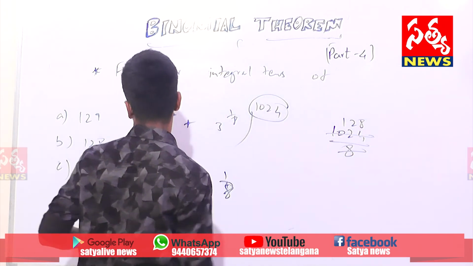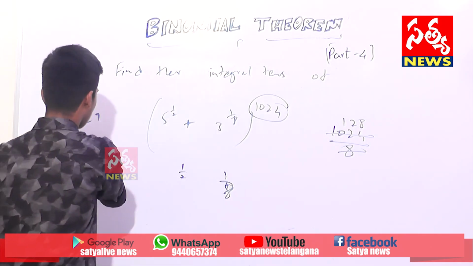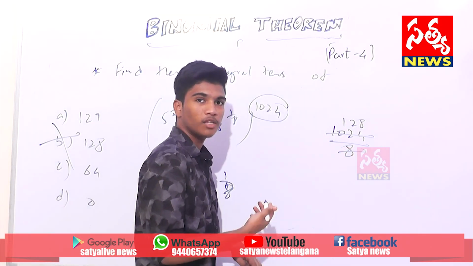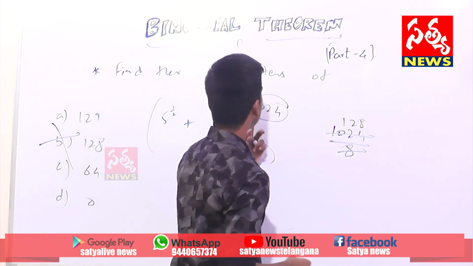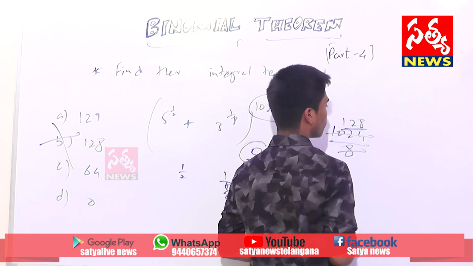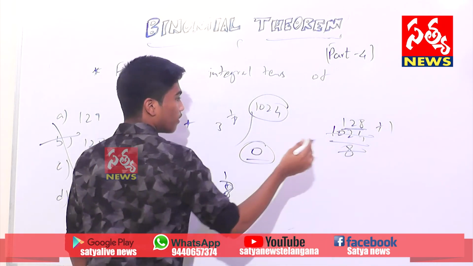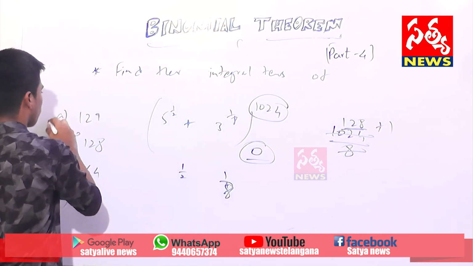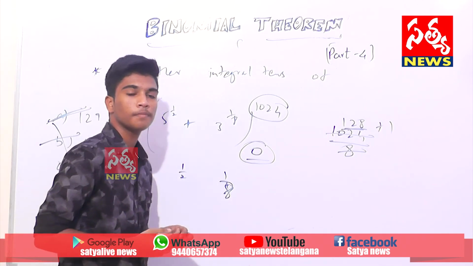In a hurry, we put the answer 128, which is B, but it is wrong. As we discussed in the previous problem, 0 is also an integral term or a rational term. So the number of integral terms is 128 plus 1, including the 0. 128 plus 1, which is 129, is our correct answer. Be careful while doing these problems.